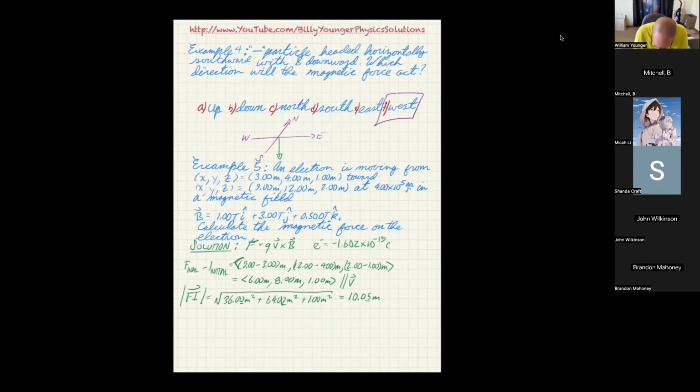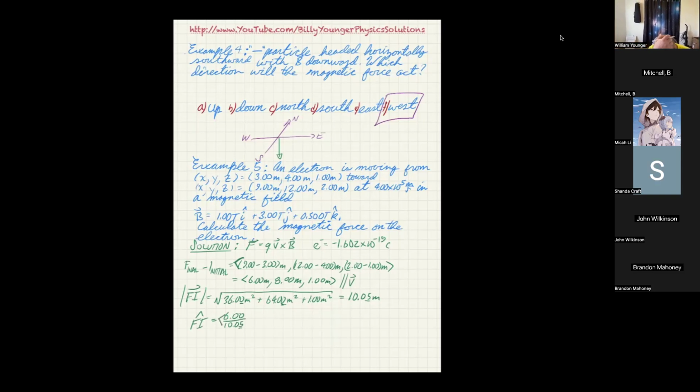And that means that the unit vector for Fi, which I just write like this, remember, whenever you put a hat over a vector, that little symbol I just drew, that means it's a unit vector. So in this case, the unit vector would be 6.00 over 10.05.